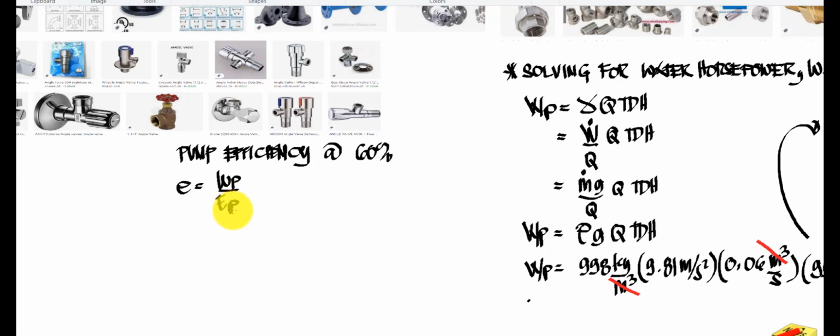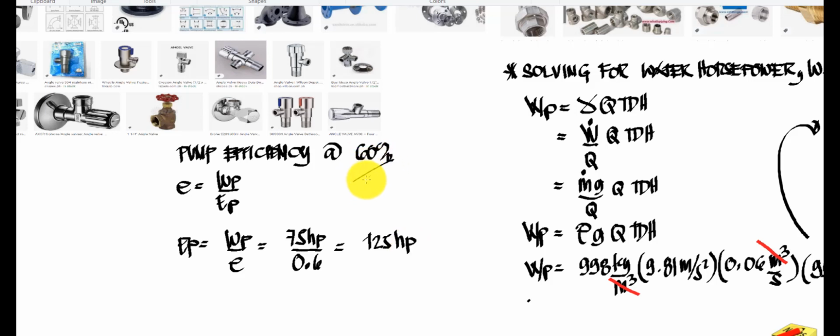So to get the electrical power, we have electrical power equal to water horsepower divided by efficiency. So 75 HP divided by the efficiency, which is 0.6, gives the electrical power required to run the pump. We have the equivalent of 125 horsepower for electrical. Now this is for 60% efficiency.